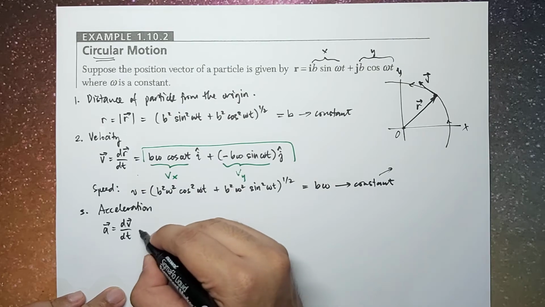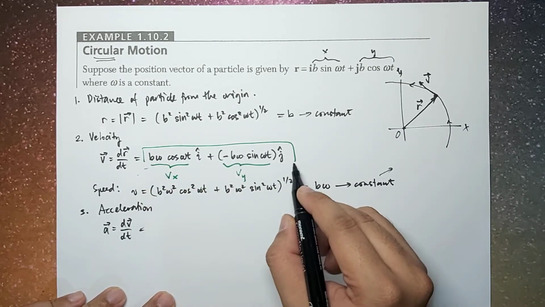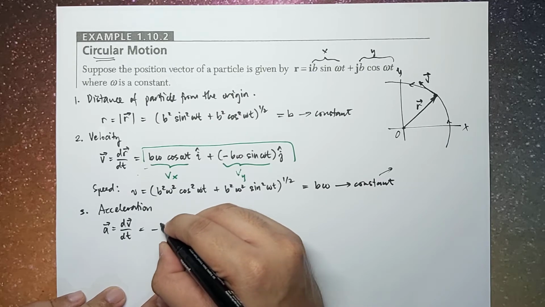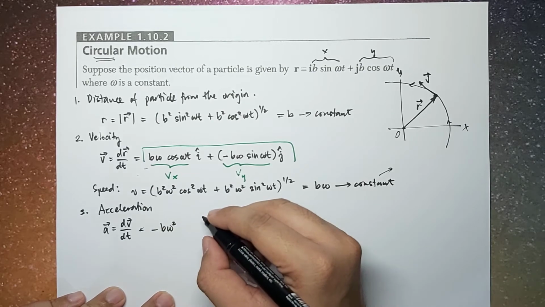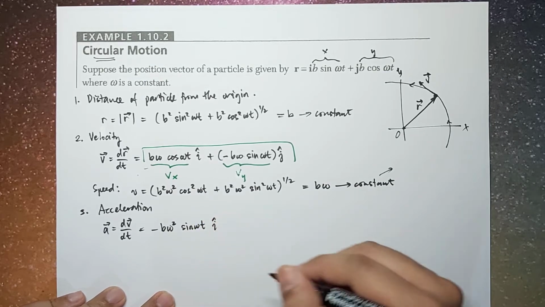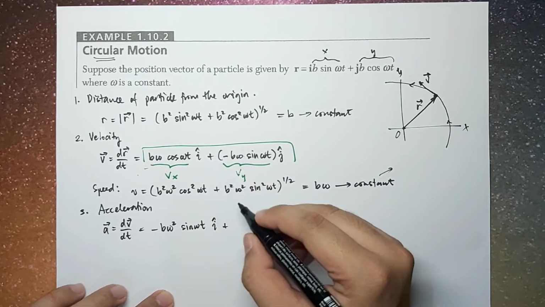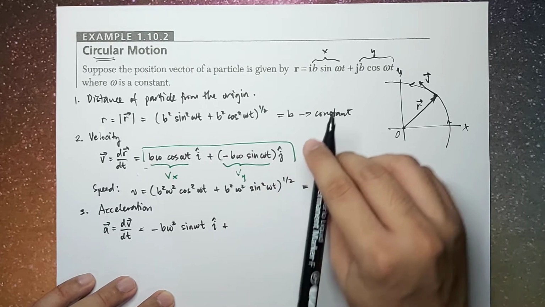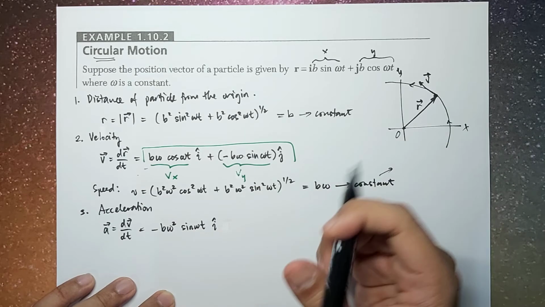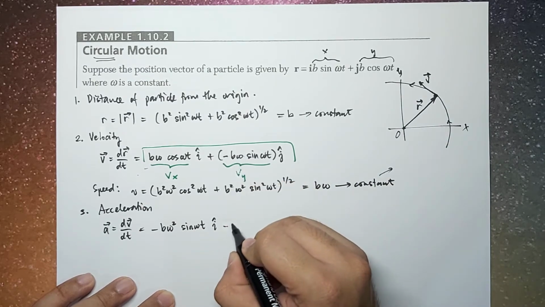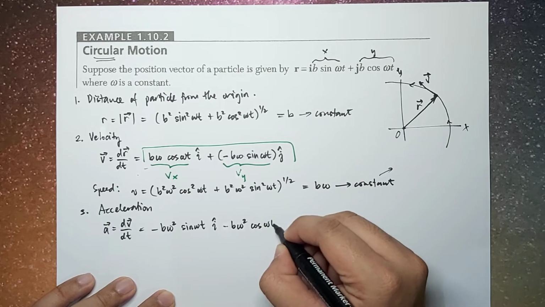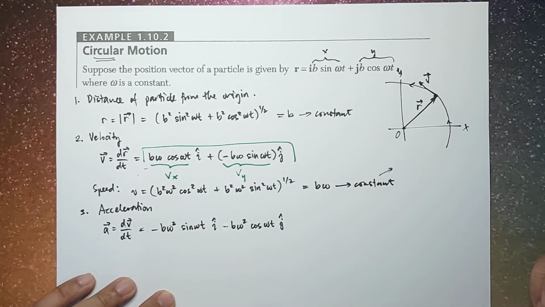Differentiating this function, we now have negative b omega squared sine omega t i hat minus b omega squared cosine omega t j hat.